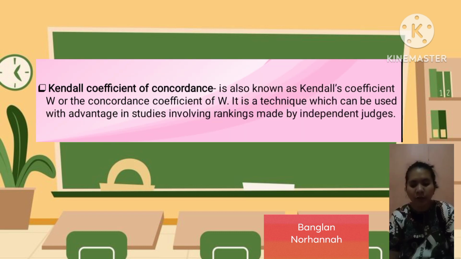Kendall coefficient of concordance is also known as Kendall's coefficient W or the concordance coefficient W. It is a technique which can be used with advantage in studies involving rankings made by independent judges.